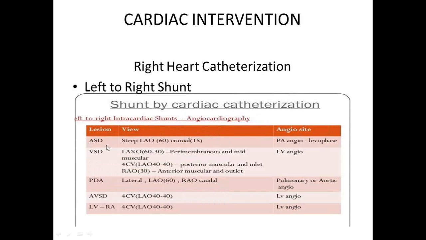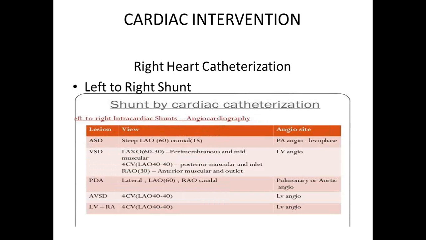So with an atrial septal defect, if we inject contrast material into the PA, we do what we call a steep LAO view, and we can see the atrial septal defects. So we'll demonstrate this in the cath lab.